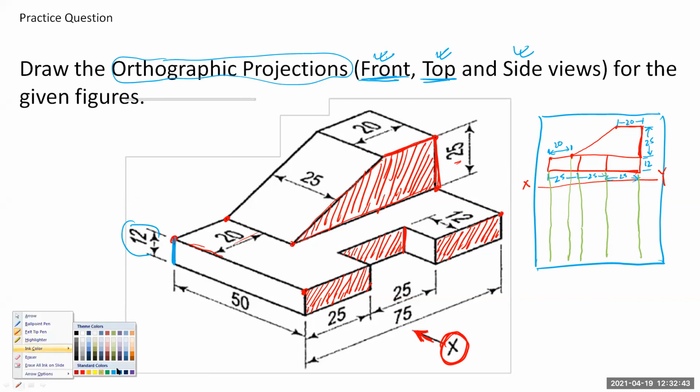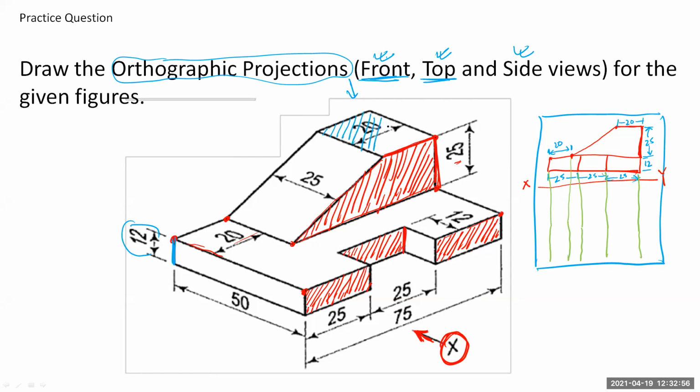So for that, let me choose some other color. This blue color I am using here. If you are looking at this object from the top, you will be able to see this face. Yes or no? Yes, sir. Okay. So this is your first face. Then from the top, you can see this face also. Yes, sir.